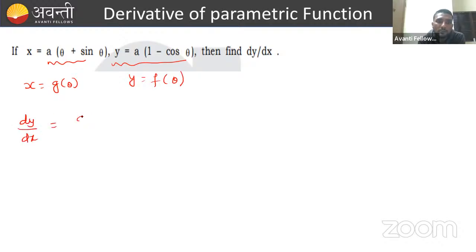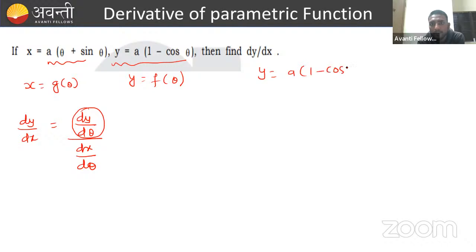So first we need to find dy by d theta, and the other one is dx by d theta. So what is dy by d theta? We have y, right? What is y? It is a into 1 minus cos theta. So if I find dy by d theta, a into 0 minus of minus, plus, it is sine theta. So dy by d theta is a sine theta.